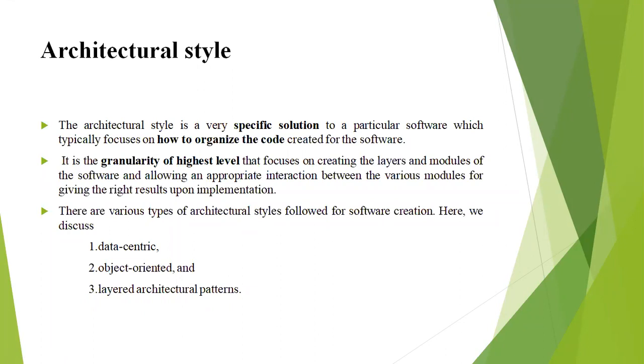In that implementation phase we are developing the software code. While developing the software code, there are different types of styles, based on the project. In which style are we going to implement our project code? That is called an architectural style.